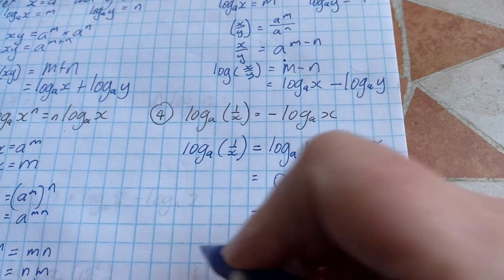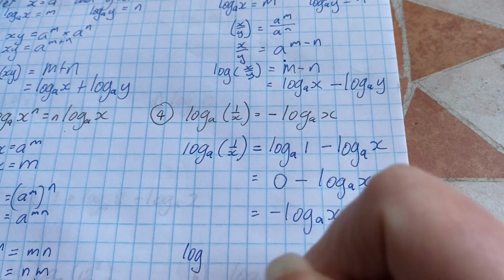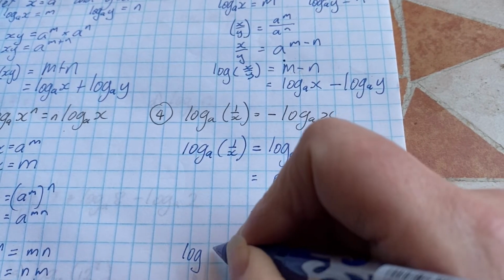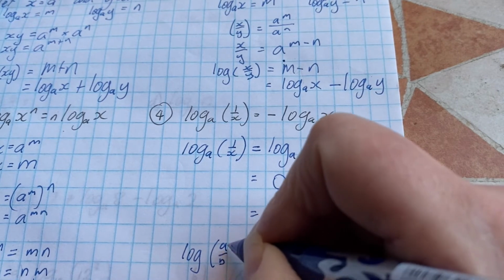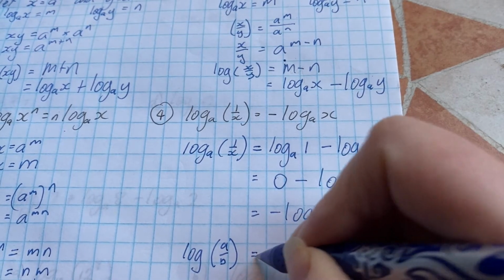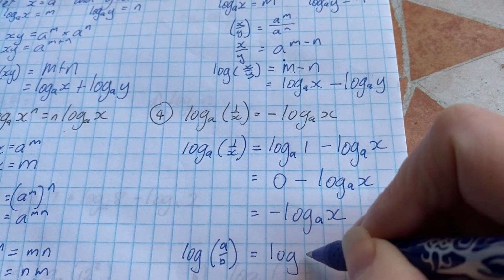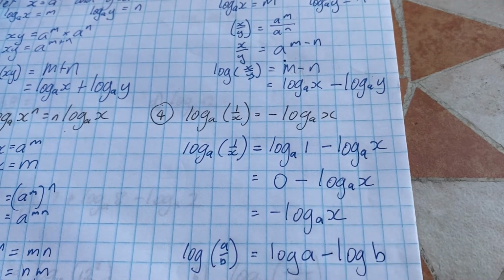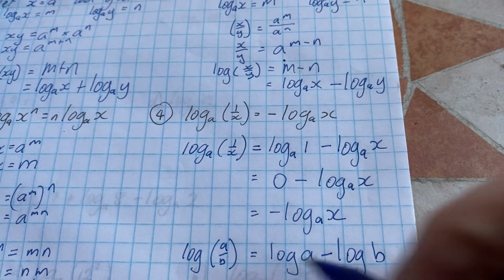And I might also prove it for the other way around. If I have log, I'm just going to leave the base, it could be any base, of a on b. That's the same as log a minus log b with the same base.